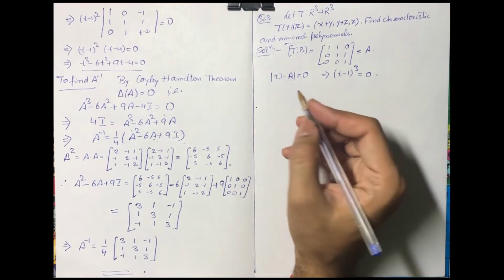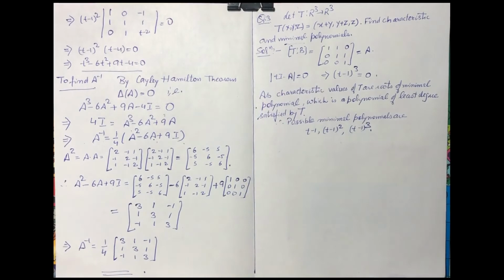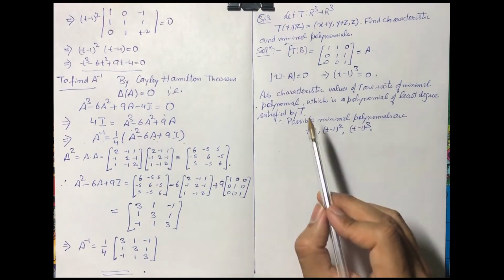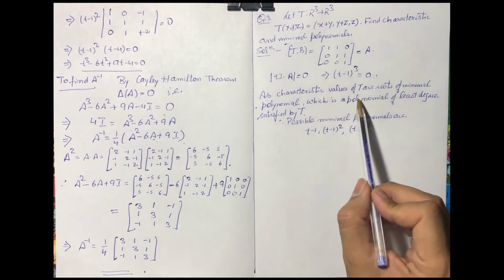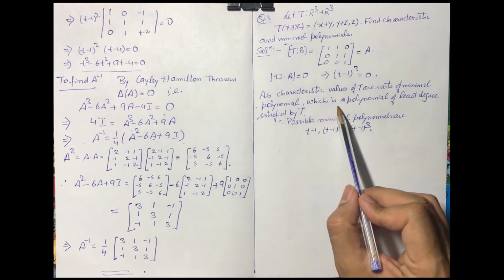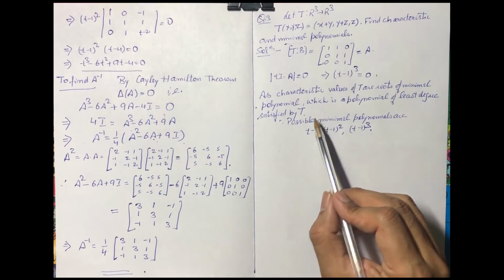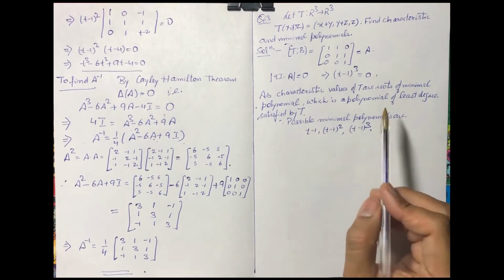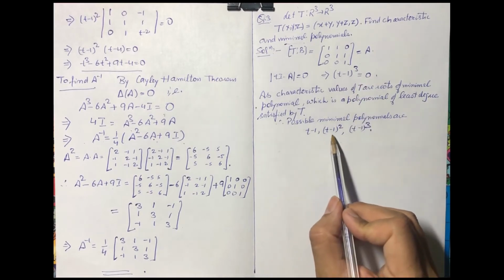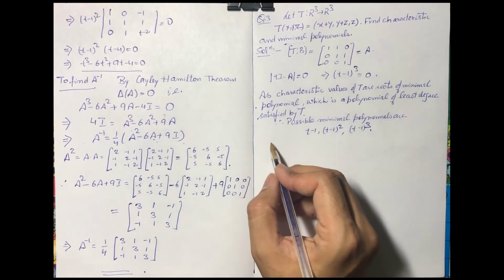Now to find the minimal polynomial: as the characteristic values of T are the roots of the minimal polynomial, and the minimal polynomial is the polynomial of least degree satisfied by T, the possible minimal polynomials are factors of the characteristic equation, that is t minus 1, (t minus 1) square, (t minus 1) cube. Now we will check one by one.